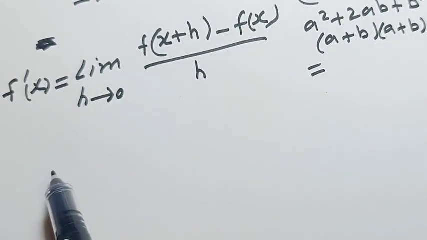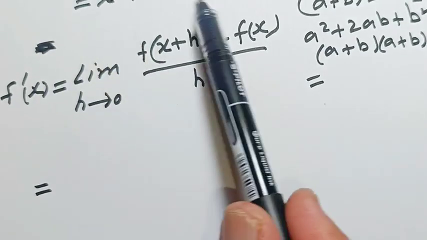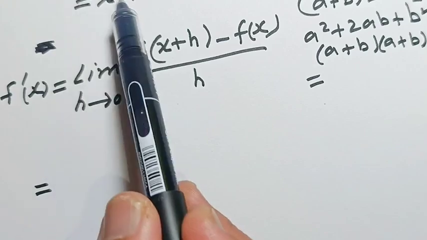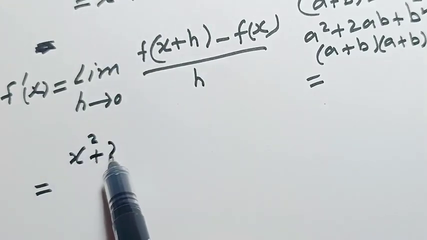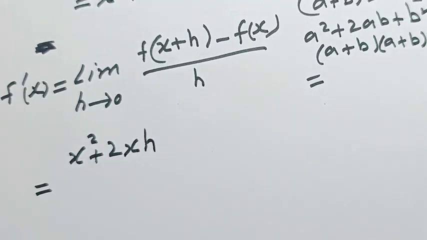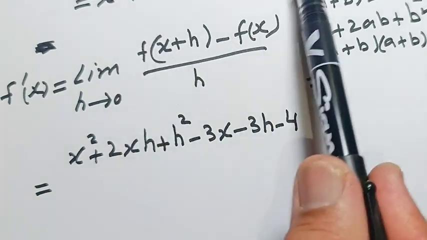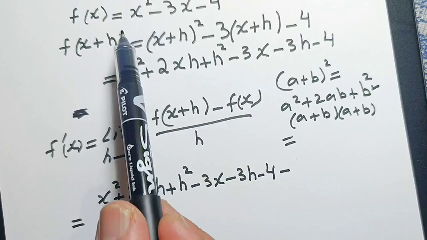Now obviously I'm going to solve this one by first principle. So f of x plus h, we have this expression. I'm going to substitute this expression, x square plus 2xh and so on, in place of f of x plus h. Now minus f of x, what do we have?